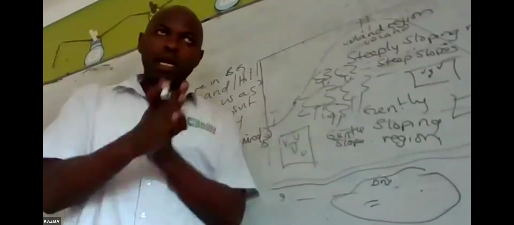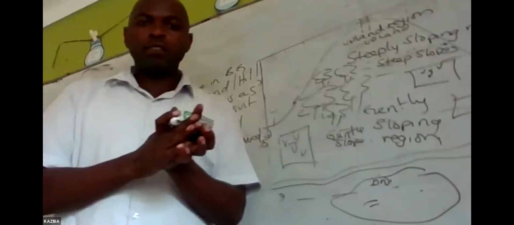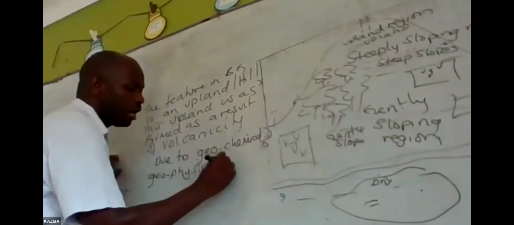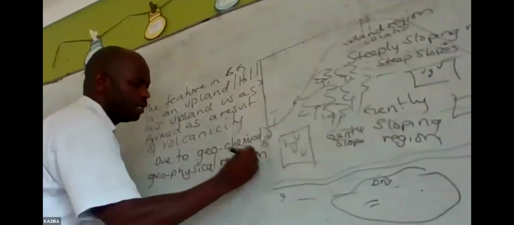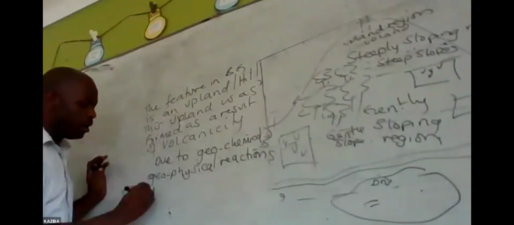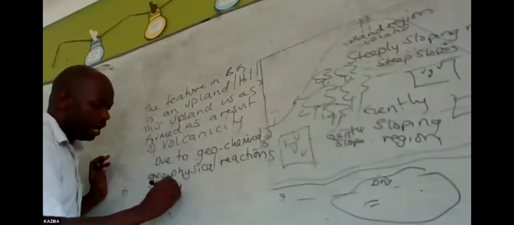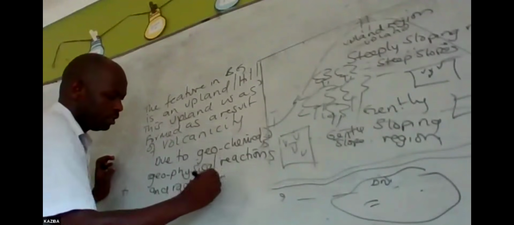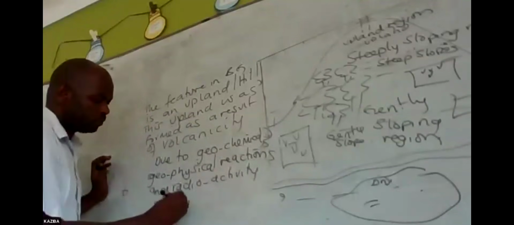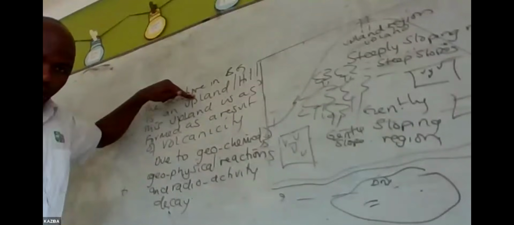Rocks can be compressed, they can rub against each other, and as a result, that's what we call geophysical. So these are geochemical, and this is geophysical reactions. And radioactivity decay. So we said the feature in the background is an upland.